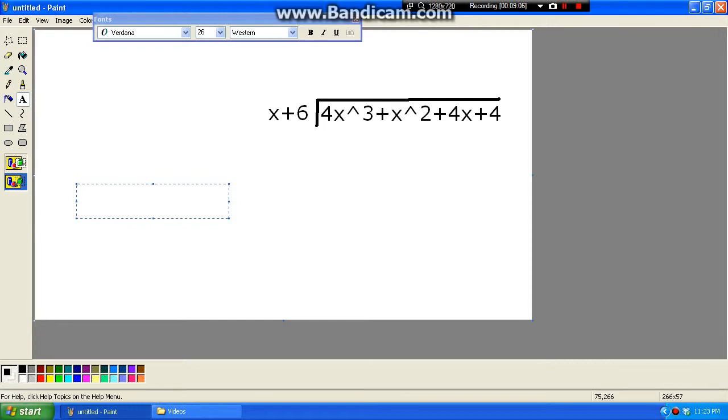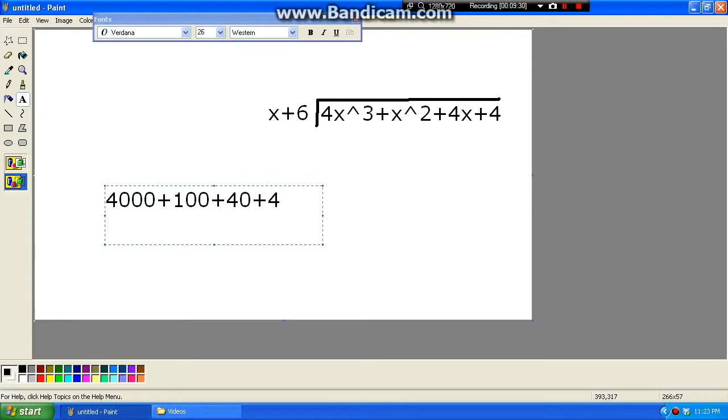So far so good, but we still need to figure out how this would work. Imagine that all these x's were replaced with 10. You'd get 4,000 plus 100 plus 40 plus 4. Basically, expanded notation. That is what we are working with.